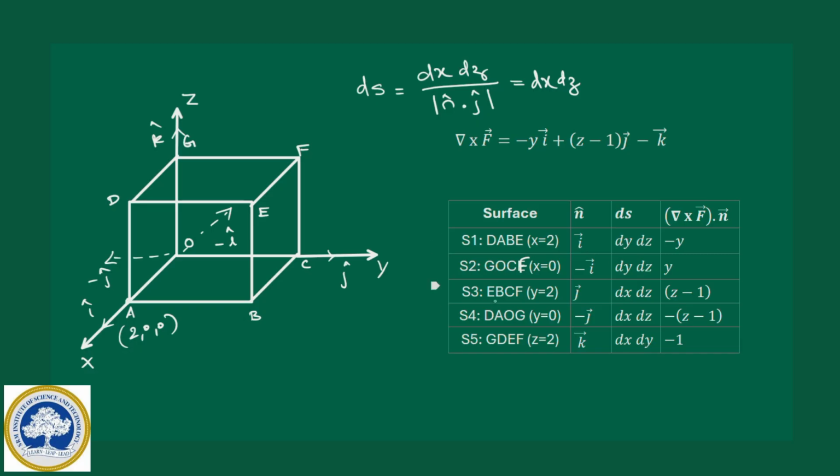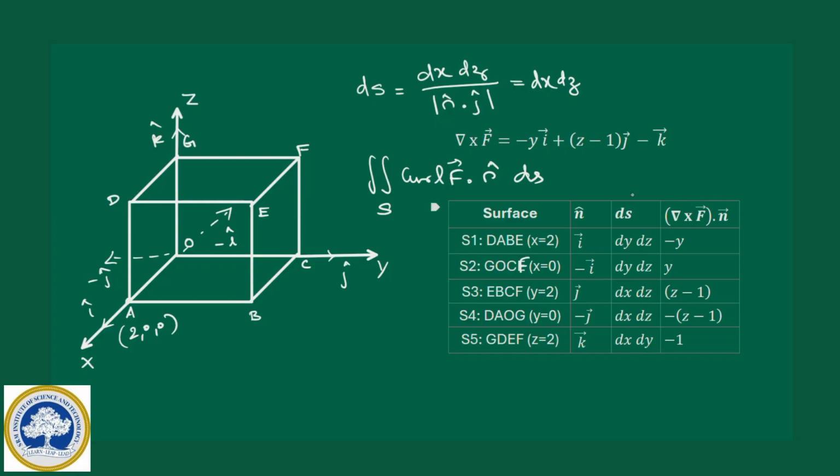So after making a table like this, what we have to do is calculate the double integral over S of curl f dot n ds. This is what we have to calculate, right? So for that we want to find out what is curl f dot n, that is del cross f dot n.